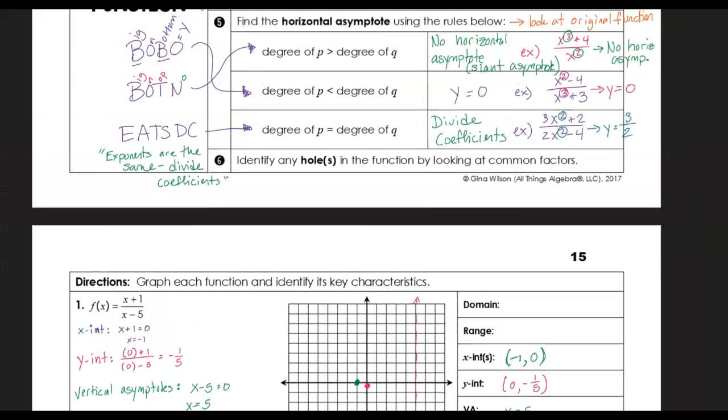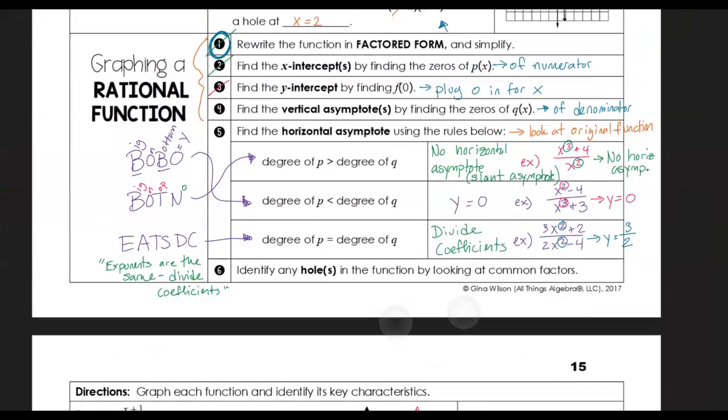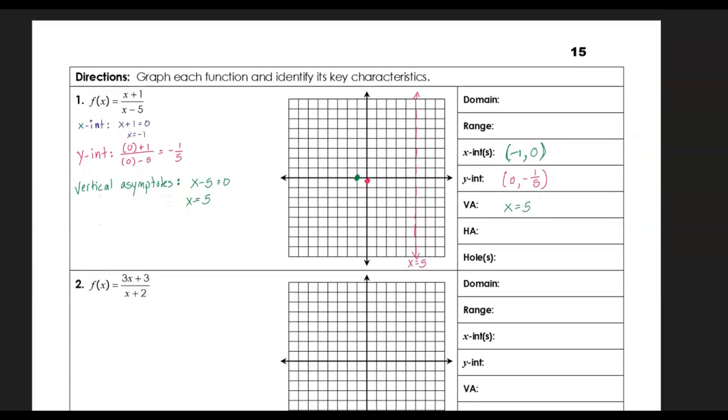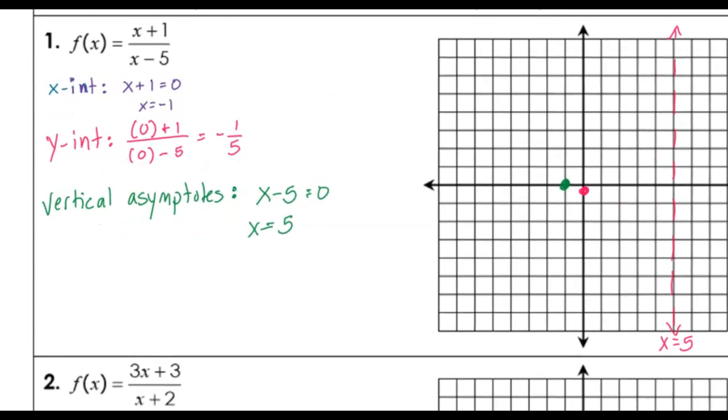What is our last step? I think it's horizontal asymptote. Yes. All right, so now for the fun stuff. How do we find the horizontal asymptote? What do we look at to find our horizontal asymptote?